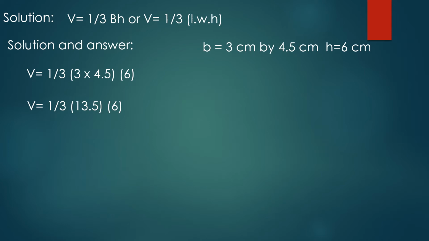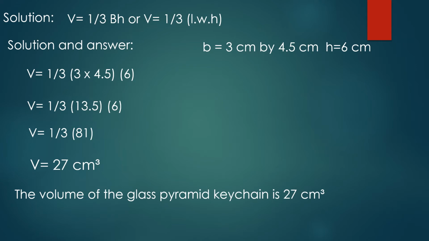So 3 times 4.5 is 13.5 times 6. So 13.5 times 6 is 81, and 1/3 of 81 is 27. So the volume of the given pyramid is 27 cubic centimeter. So the volume of the glass pyramid keychain is 27 cubic centimeter, or centimeter cube.